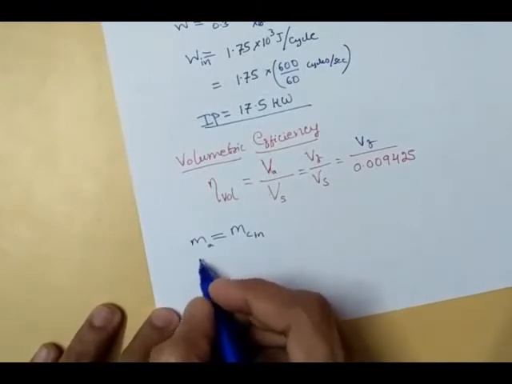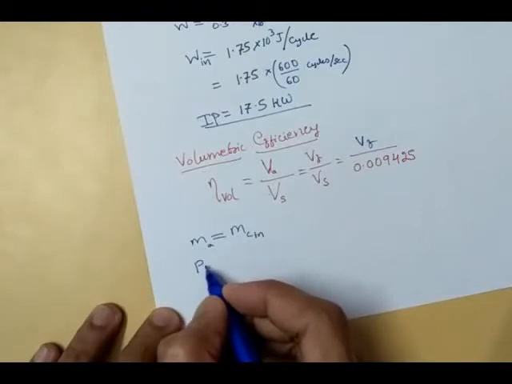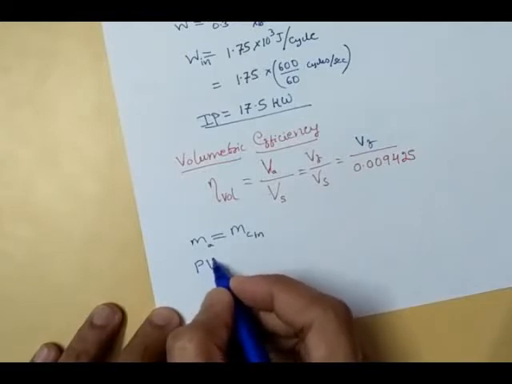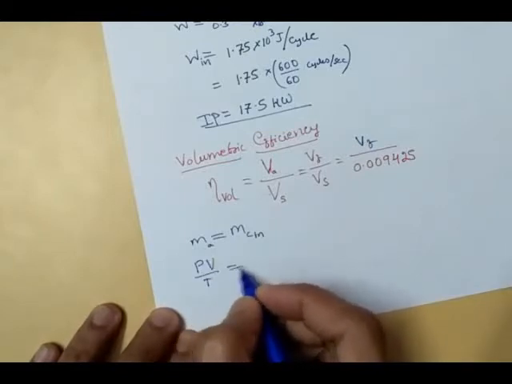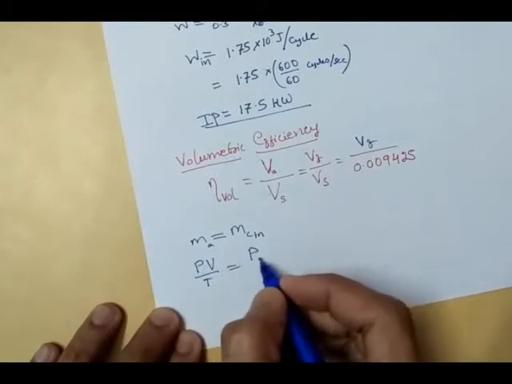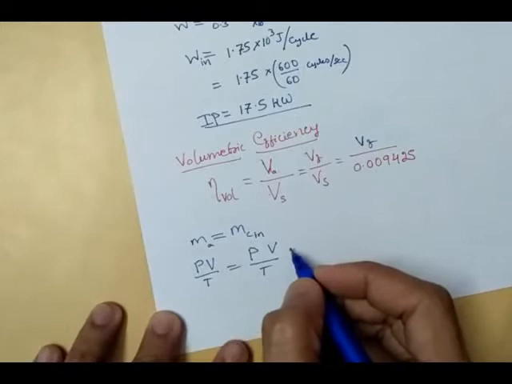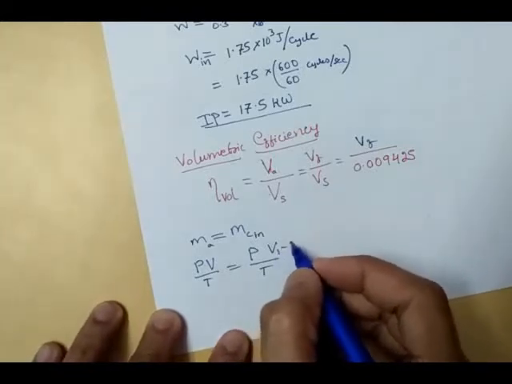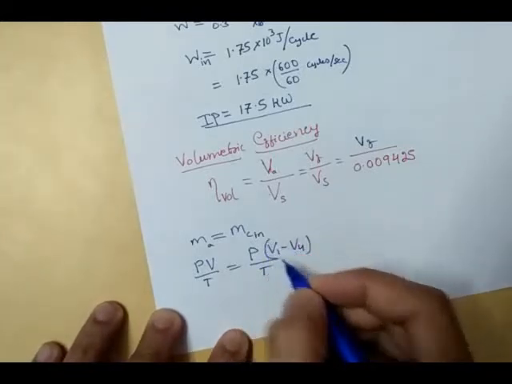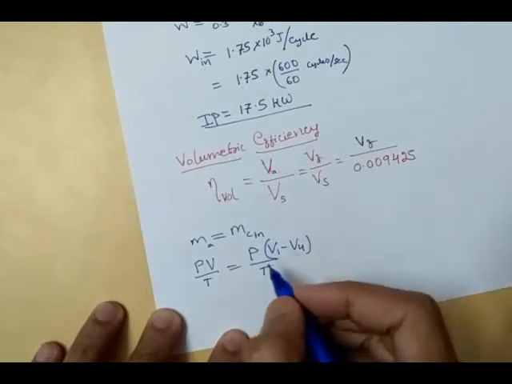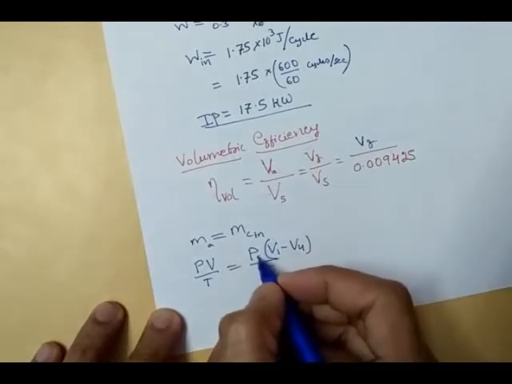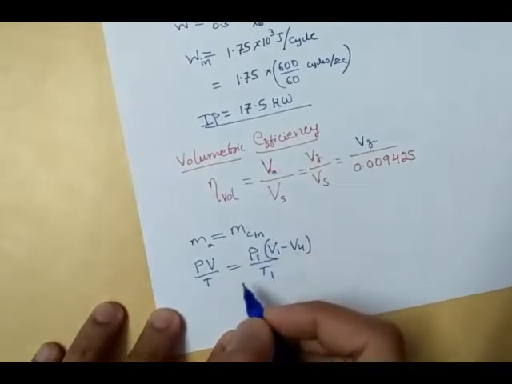So with that I can equate pressure, volume and temperature. Here the volume we are going to take is V1 minus V4, which is the effective swept volume, and this is P1, T1.